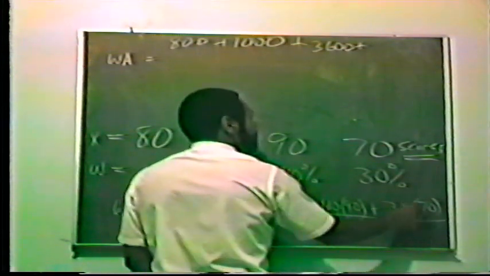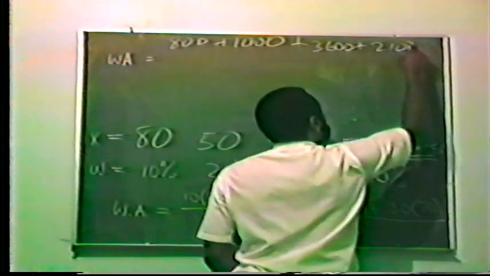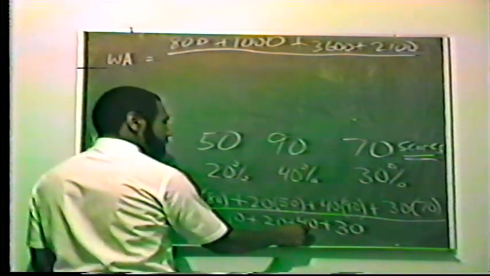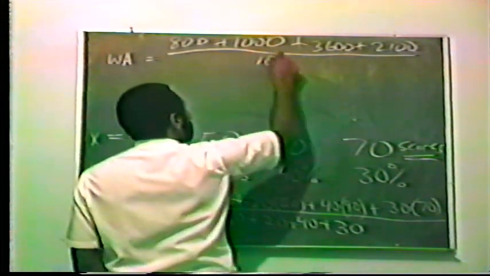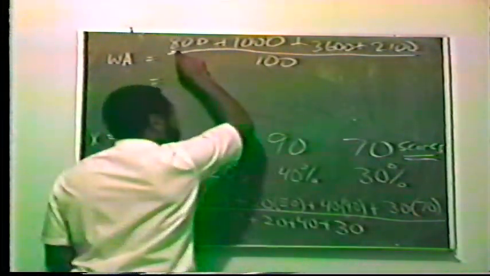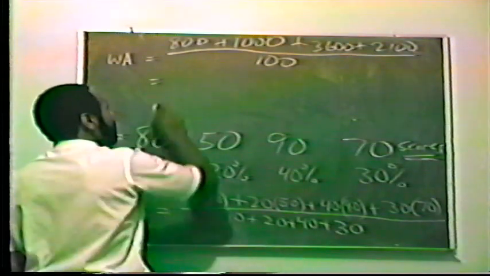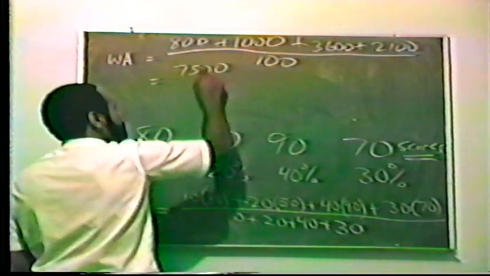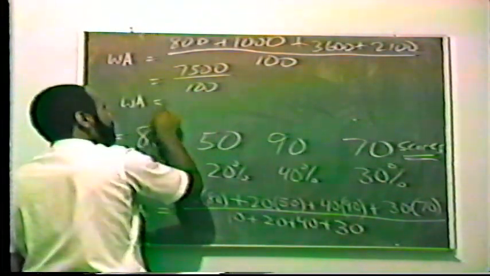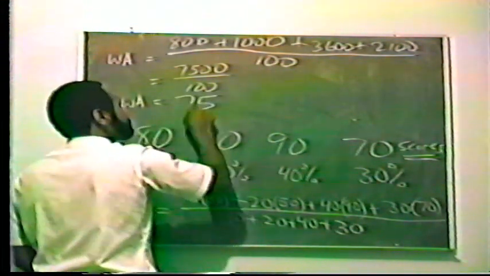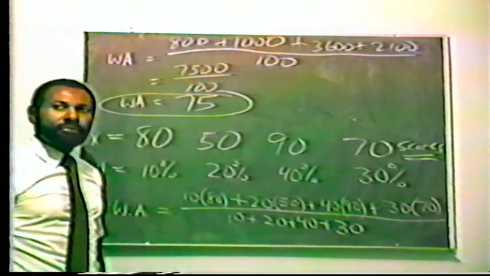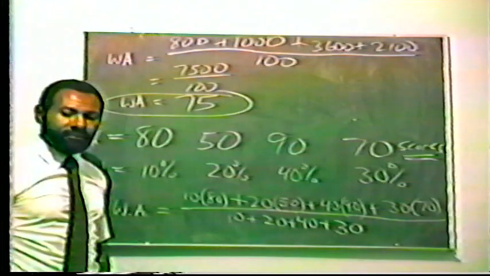We multiply 30 times 70, we get 2,100. We add the weights together, 10 plus 20 plus 40 plus 30, that gives us 100. We add the numbers in our numerator, and they sum to 7,500. Divided by 100, that gives us a weighted average, or weighted mean, of 75.